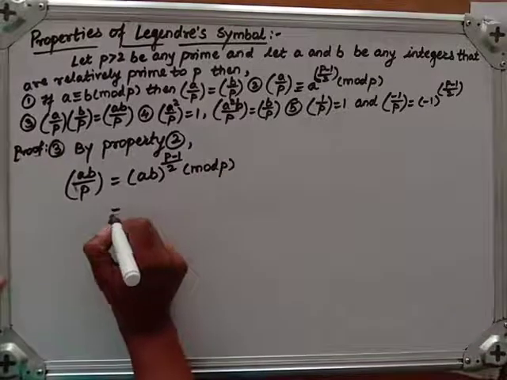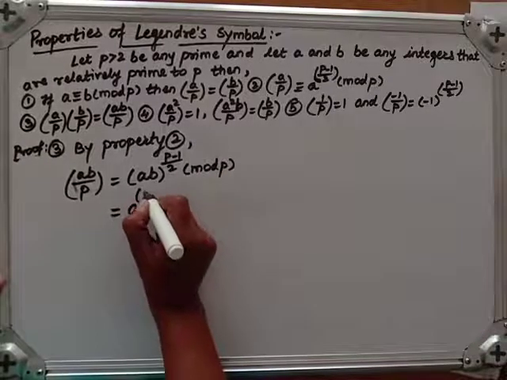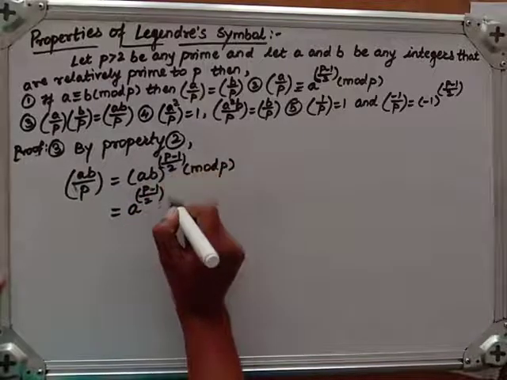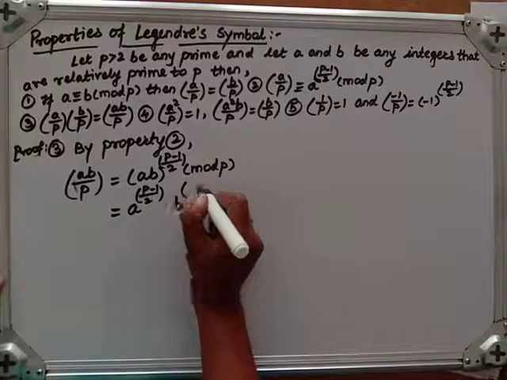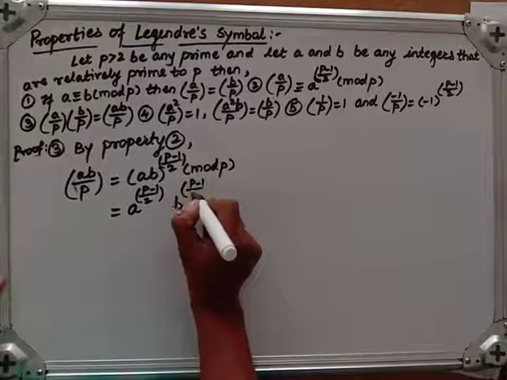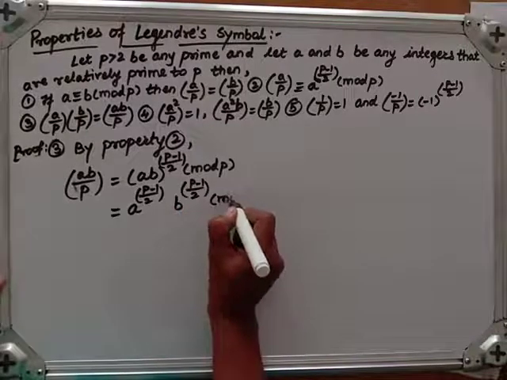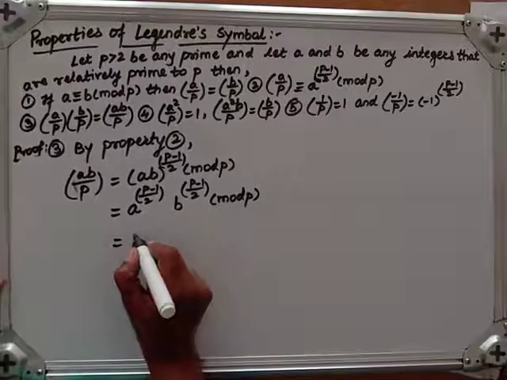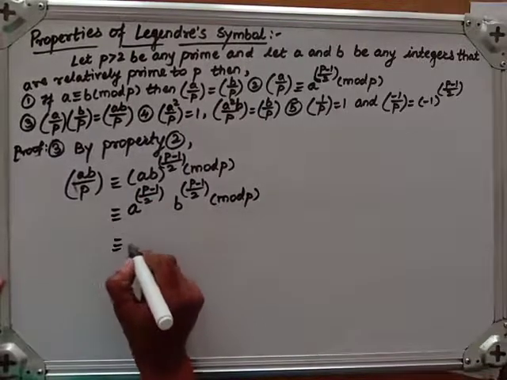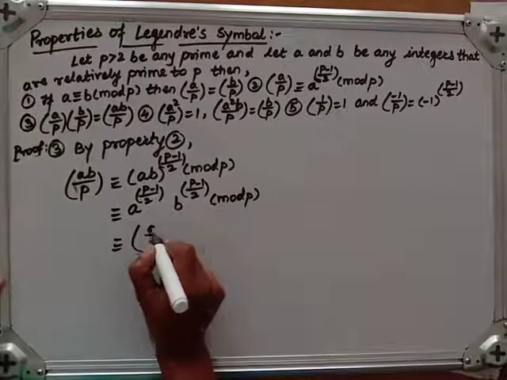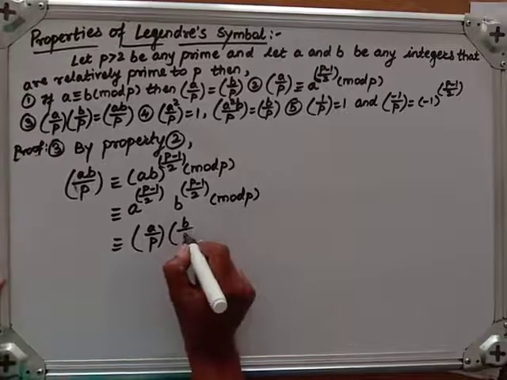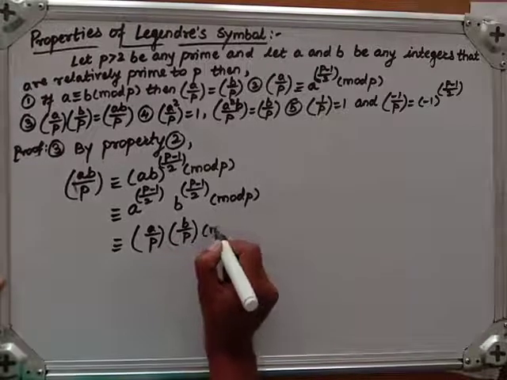This is the same as a raised to (p minus 1) by 2 times b raised to (p minus 1) by 2 modulo p. So this is the same as Legendre symbol of a by p times Legendre symbol of b by p modulo p.